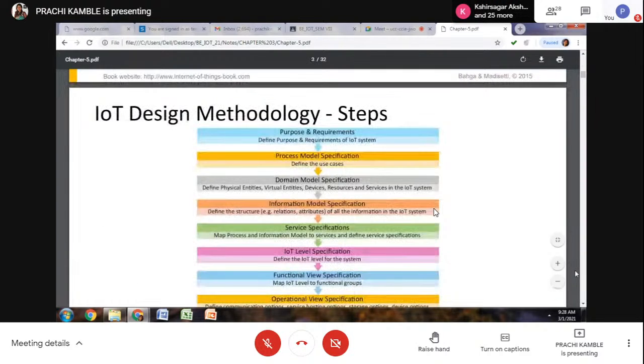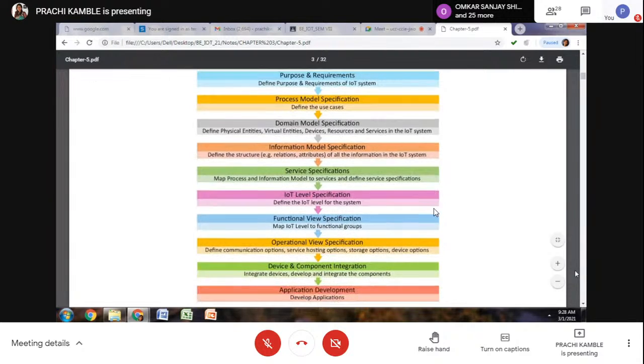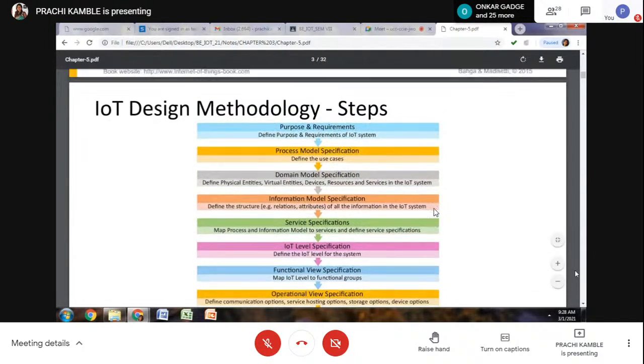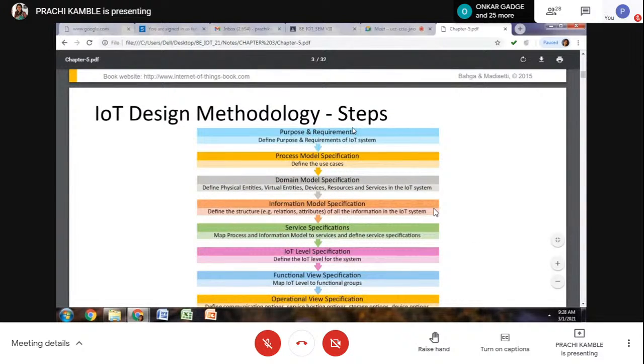So let's start with the IoT design methodology. These are total 10 steps. We are starting with purpose and requirement.